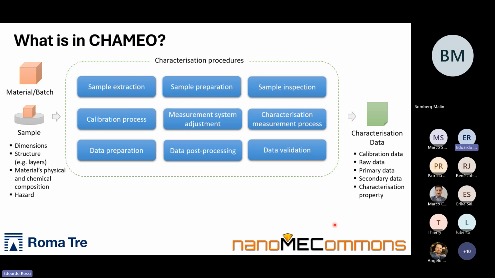Then we have the secondary data, which is parts of the raw data that allow the user to interpret a little bit with more precision the primary data output. And then we have finally the characterization property, which is our, let's say, final aim to be defined.